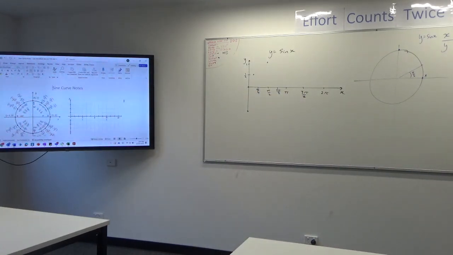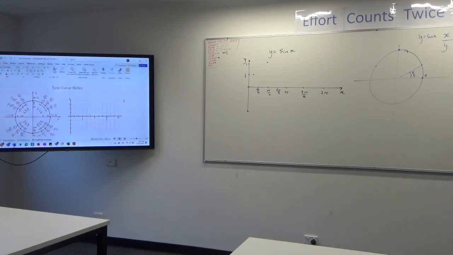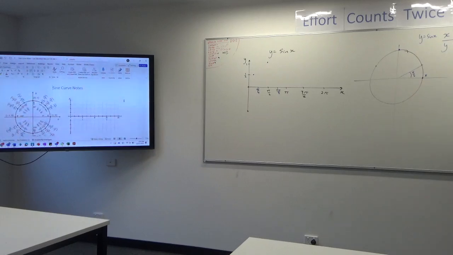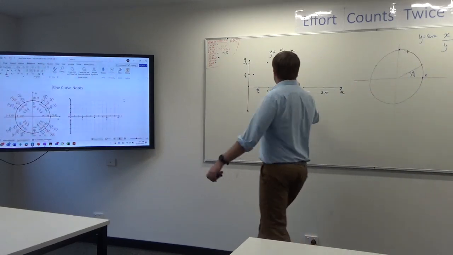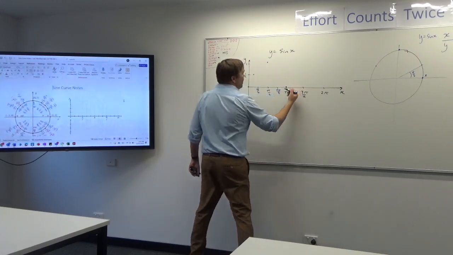Then, what about 5 pi on 6? So we're around here now. Sine of 5 pi on 6 is a half. What about sine of pi? 0. Cool. So, 5 pi on 6, sine of pi is 0.